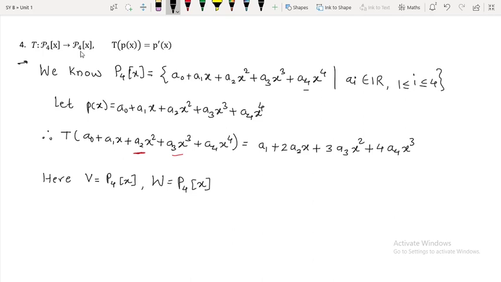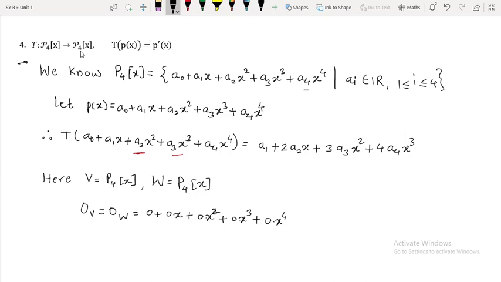So what is 0 over here? 0 of V as well as 0 of W is one and the same, because they are the same. So it will be 0 plus 0x plus 0x square plus 0x cube plus 0 times x to the power 4. Everywhere there is multiplication over here.